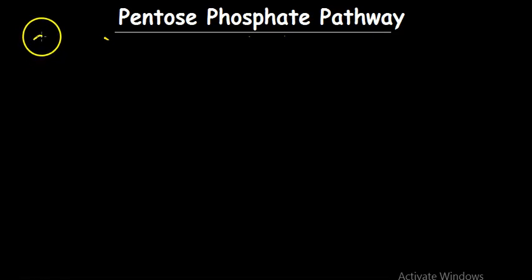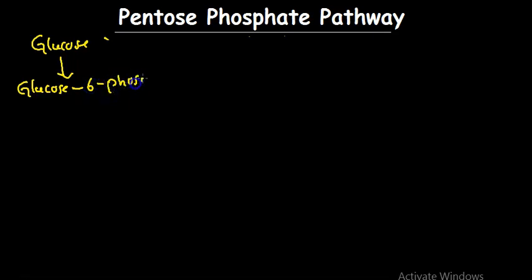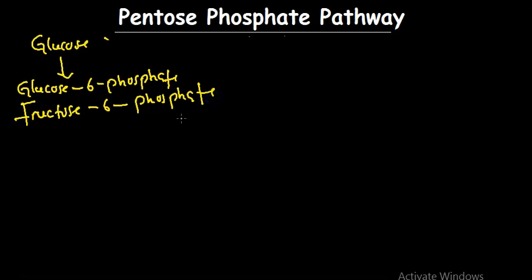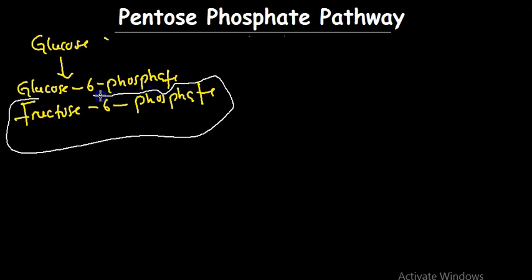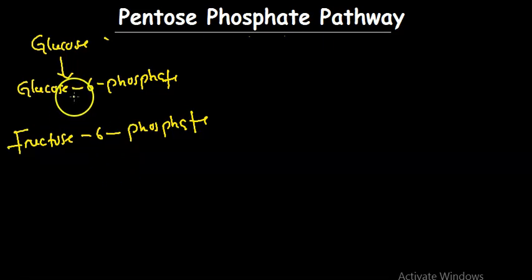So let's assume we have glucose, which is the girl, which breaks down into glucose 6-phosphate. The friend is going to be the fructose 6-phosphate. And remember, we said it actually happens from glucose 6-phosphate.